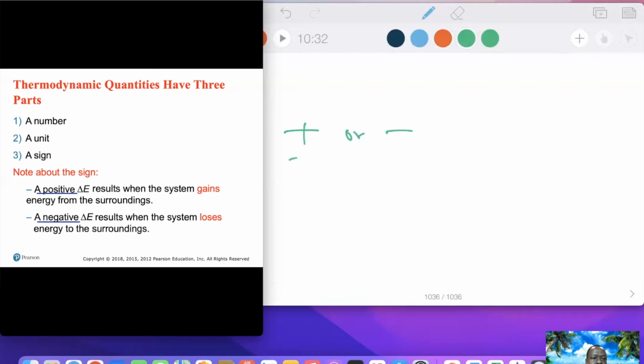What do they mean? And of course, we have a number, 58 compared to 198. It's just the magnitude. Note about the sign: positive delta E, that is positive change in internal energy, results when the system gains energy from the surrounding. Remember the surrounding? Remember the system?